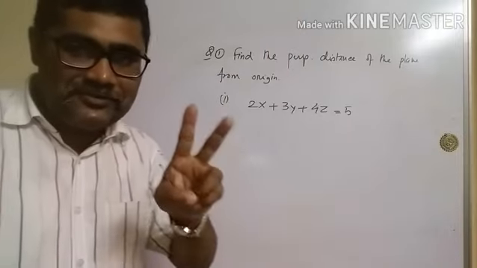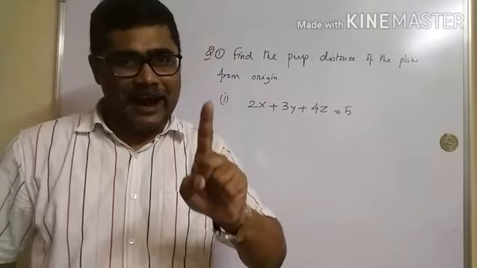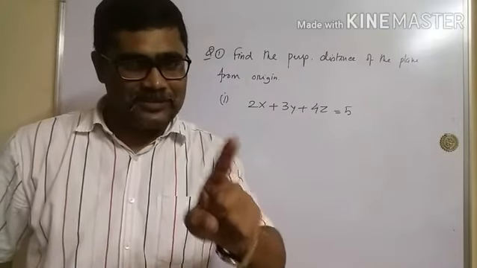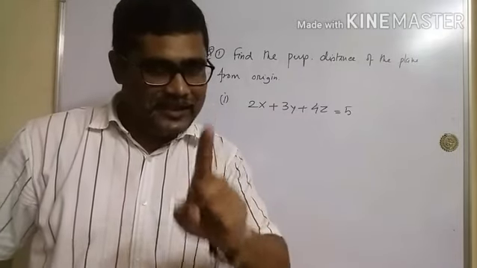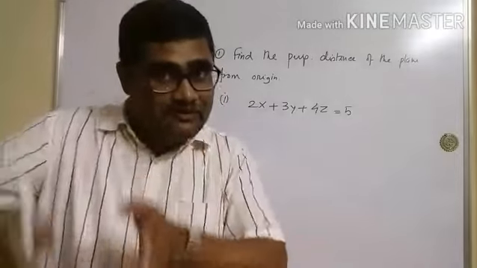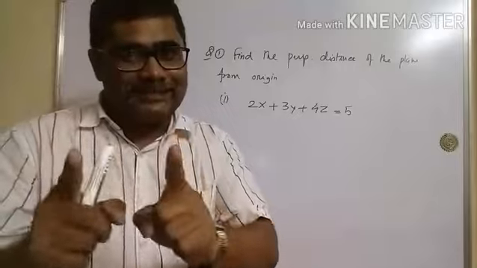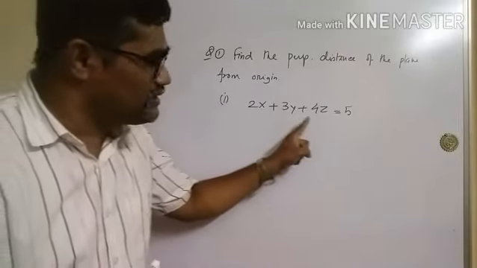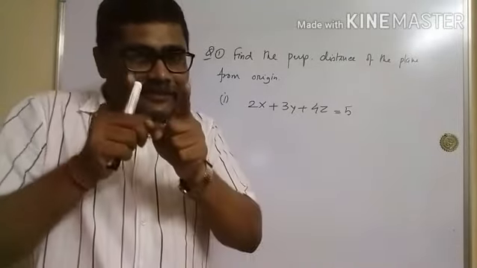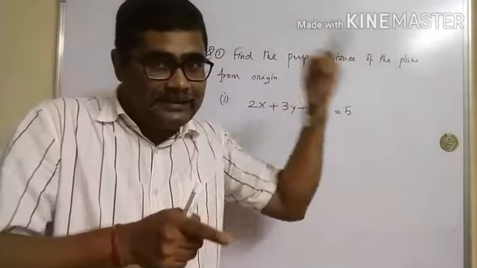There are 2 forms in the deductions. Remember it. r dot n cap equal to d, and r dot n vector equal to d times magnitude of n. That is verified by the components of x, y, z. If it is l, m, n, the right hand side is the perpendicular distance.